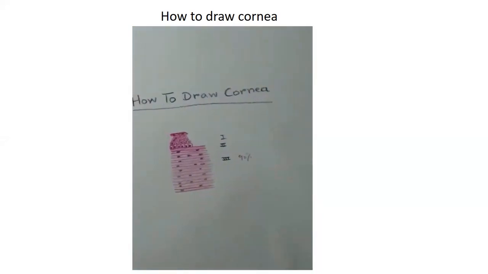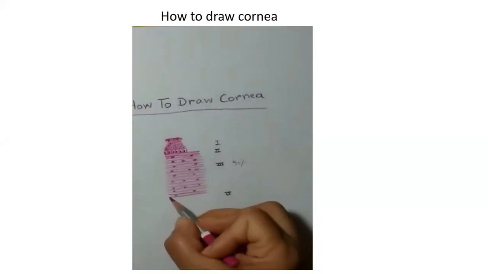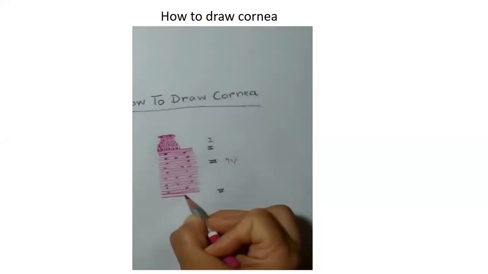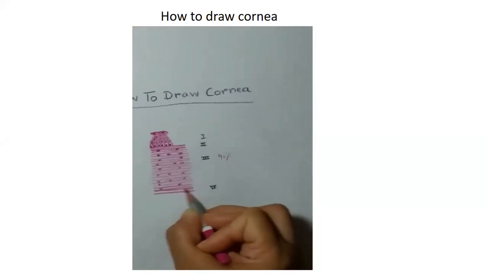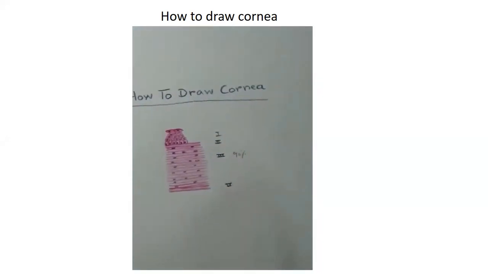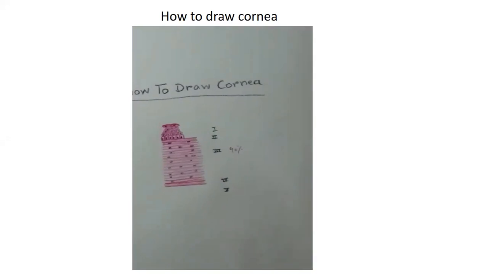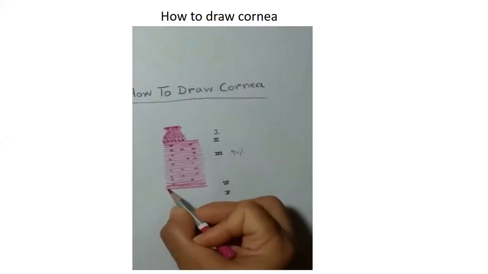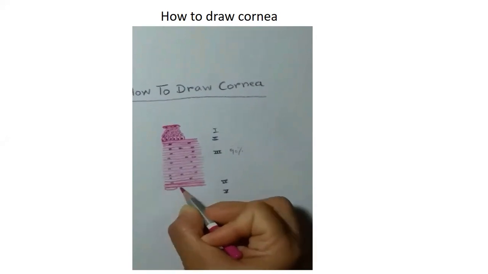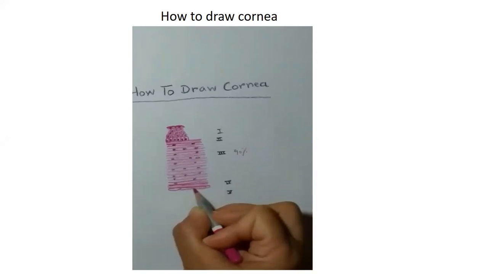Next to it is the fourth layer, that is Descemet's membrane. Again, it is an acellular homogeneous membrane, almost 10 micrometer in diameter, and actually this is the basement membrane of the innermost corneal endothelium. Now the fifth layer is the innermost layer of low cuboidal corneal endothelial cells, but these cells appear as large squamous cells on light microscopy. They have ionic channels.